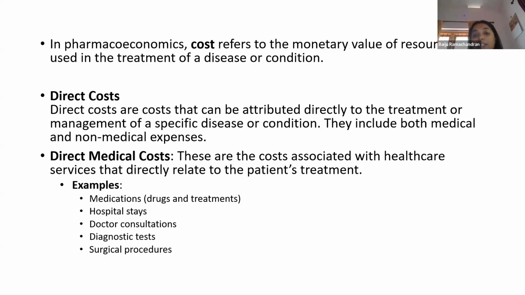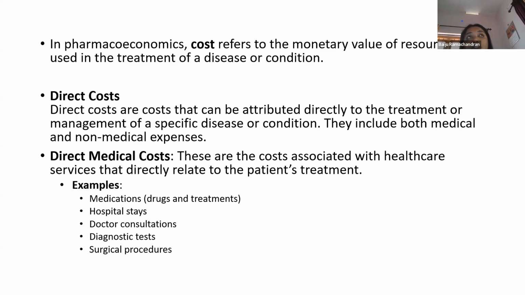The cost that is attributed directly to the treatment is known as direct cost, that is for a specific disease or condition. For example, if someone from our family got a disease and is admitted to the hospital, the cost they are paying directly, for the medications, the hospital stay, the doctor consultation, the diagnostic tests.